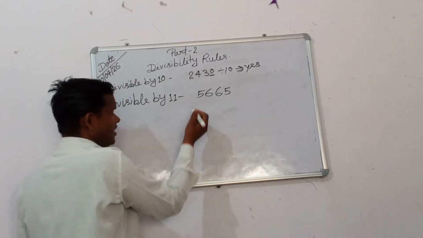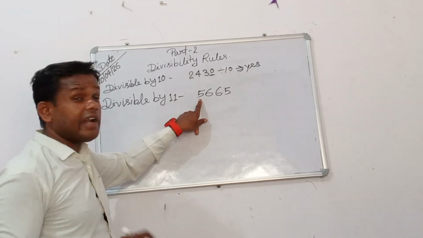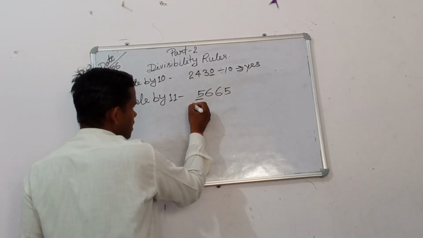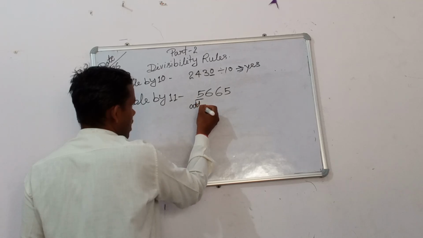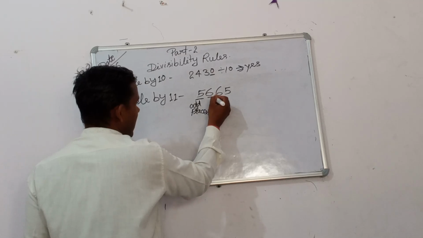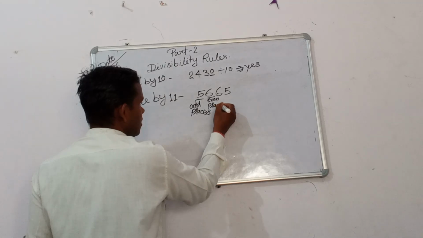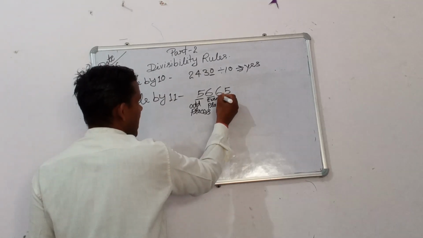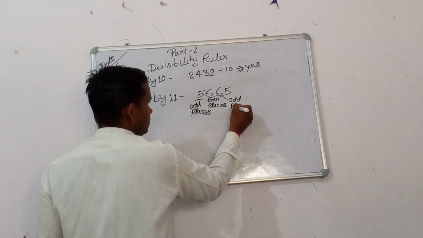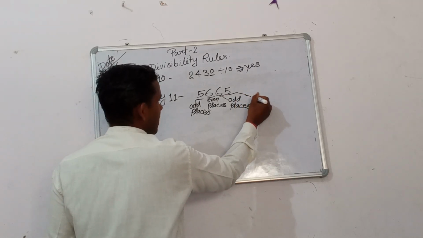Suppose the given number is 5665. Observing according to places, this digit is in an odd place, this one is in an even place, this one is in an odd place, and this one is in an even place.